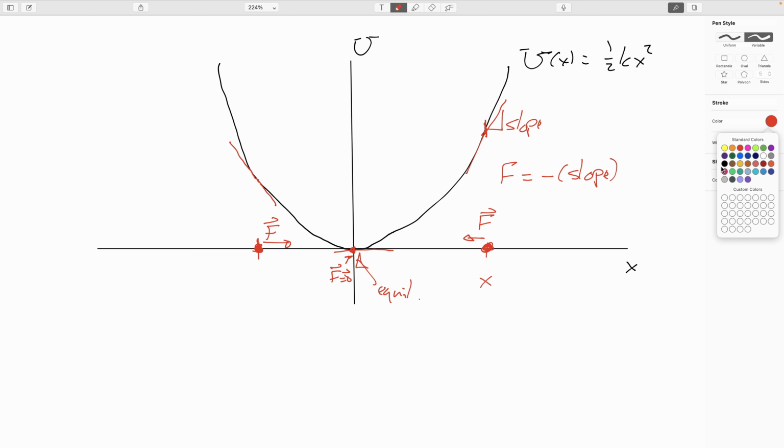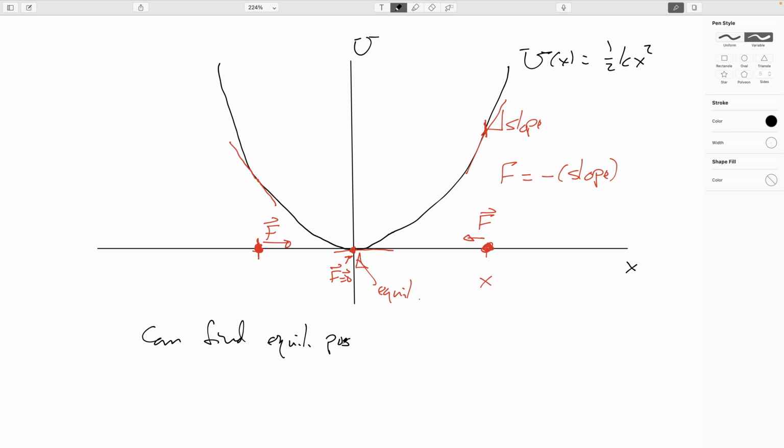But we can also find the equilibrium position by setting du dx, or y, z, r, whatever, to 0. Again, the little circle over the equal sign means I'm setting it equal. And then solve for x, y, z, r, whatever.